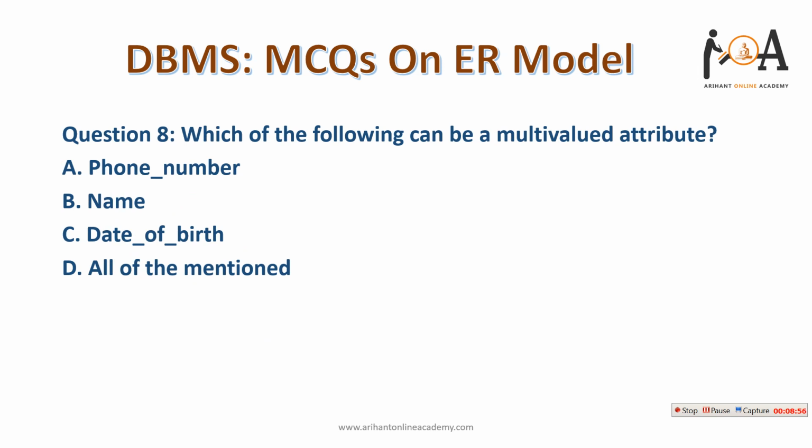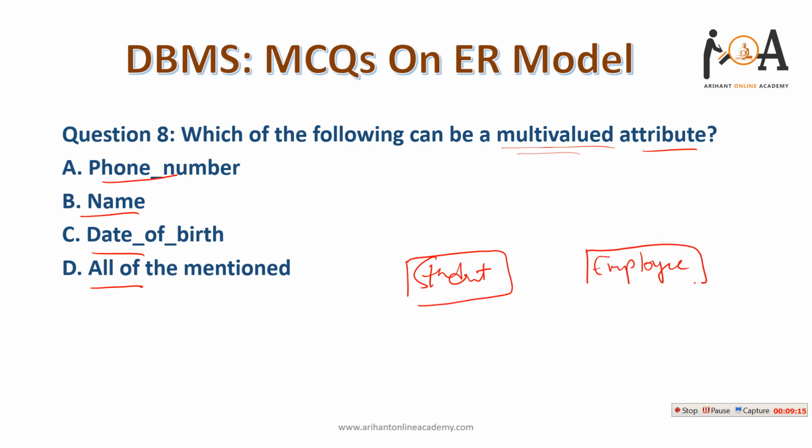The next question is, which of the following can be multi-valued attribute? Phone number, name, date of birth, all of the mentioned above. So basically, suppose I am doing registration of any student or of any employee, then name can't be multi-valued, because for a particular student, name will be unique in its registration or whatever we are registering through.